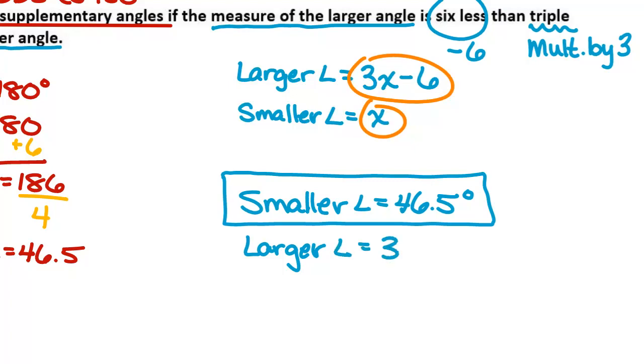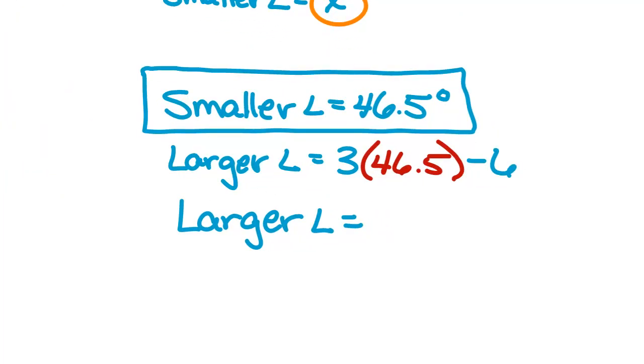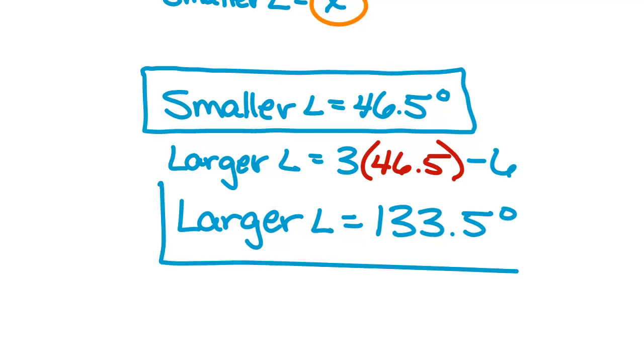The larger angle is 3x minus 6, and we just figured out that x is 46.5. So 3 times 46.5 minus 6. That comes out to be what? 133.5. Pop those units of degrees on there.